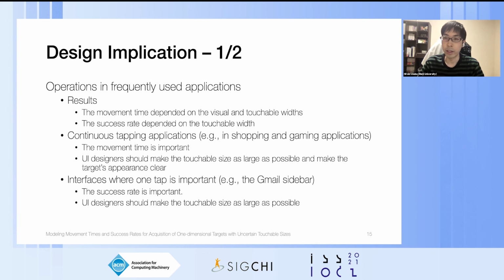So designers should make the touchable size as large as possible and make the target's appearance clear. On the other hand, in applications where one tap is important, for example, the Gmail sidebar, the success rate is important. So designers should make the touchable size as large as possible.